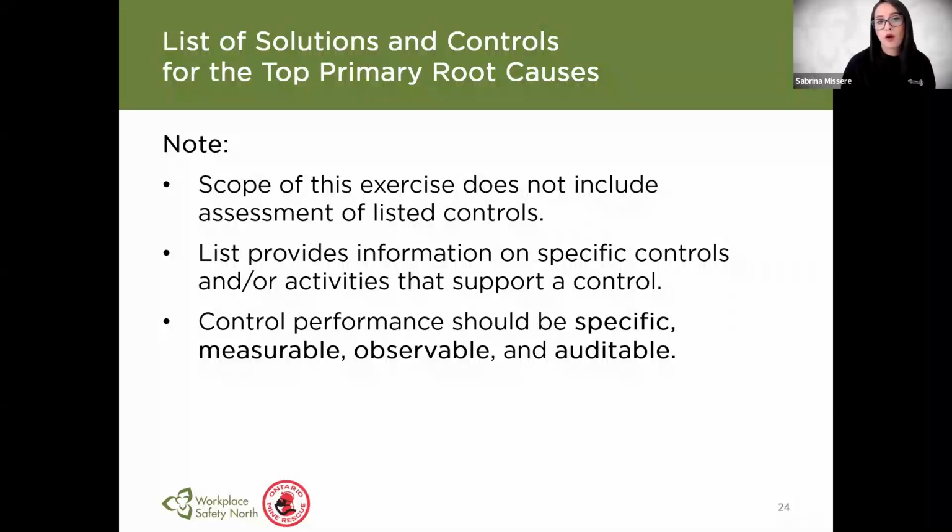A technical report has been developed to highlight the previously discussed information, and it's also going to include the top 10 root causes with the inclusion of the recommendations made by the group at the root cause analysis session. That report will be made available for you to review. It's going to be accessible on our website.